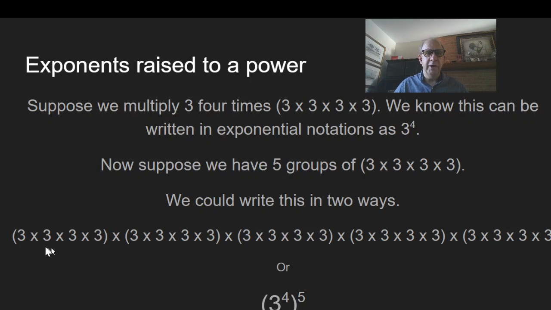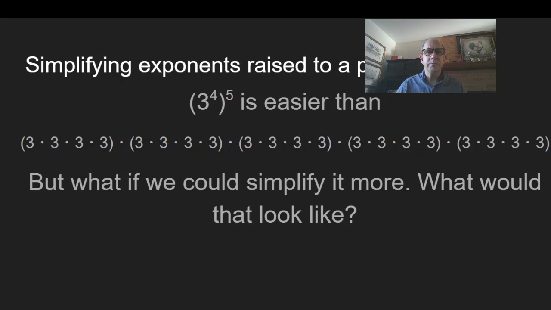So if I have 3 to the 4th, times 3 to the 4th, times 3 to the 4th, times 3 to the 4th, times 3 to the 4th. I have 5 groups of 3 to the 4th, and I would write that as 3 to the 4th raised to the 5th power. Okay? So that's an exponent raised to a power. So we're doubling up here. It's like mind-blown type stuff.